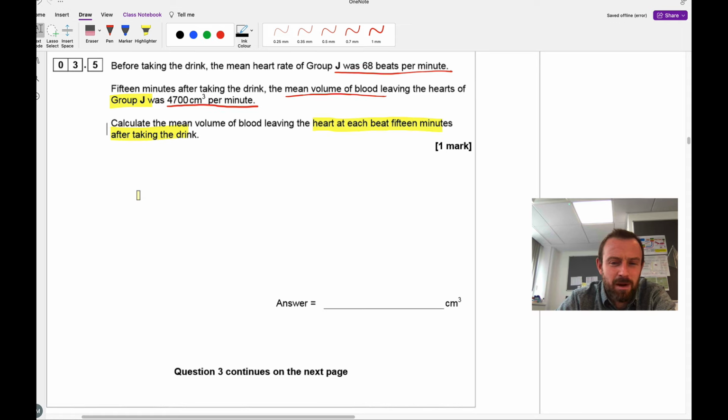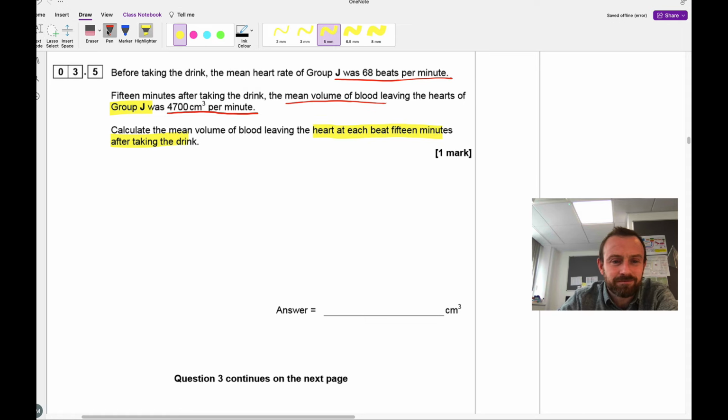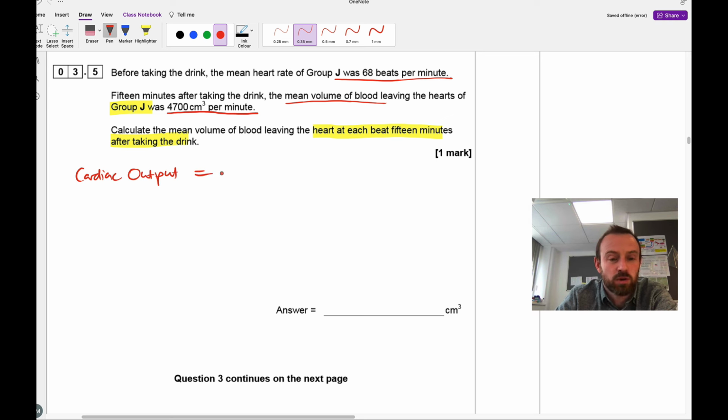First of all, this question is kind of about cardiac output. You do get asked questions about this. It doesn't actually say the words cardiac output, but cardiac output is equal to the stroke volume times the heart rate. And we've been given the cardiac output, 4,700.